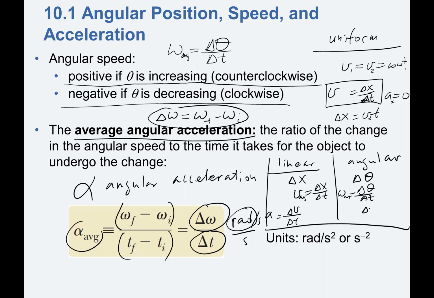And same thing, if you have a change in angular velocity over time, then we define this as angular acceleration, okay? So you have linear system with displacement, velocity, and acceleration, and angular system with displacement, velocity, and acceleration, right? So those are the new quantities that we are going to start using in this chapter.